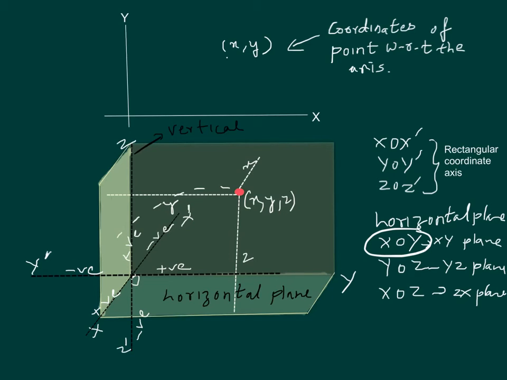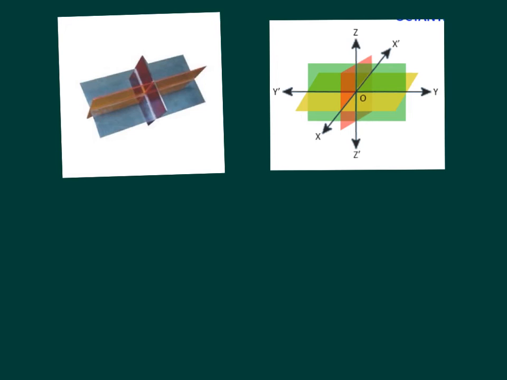O is called the origin, and the three coordinate planes divide the space into eight parts known as octants.